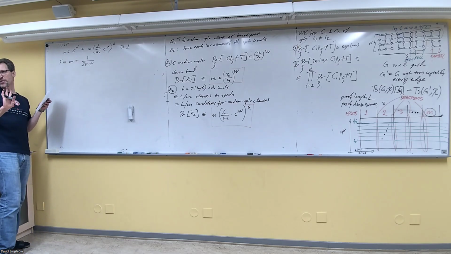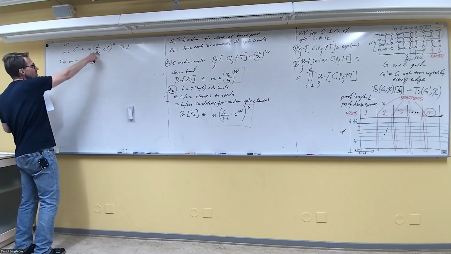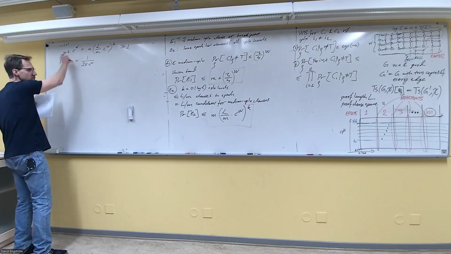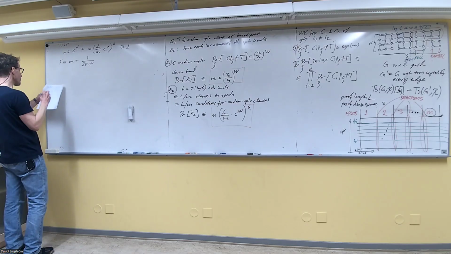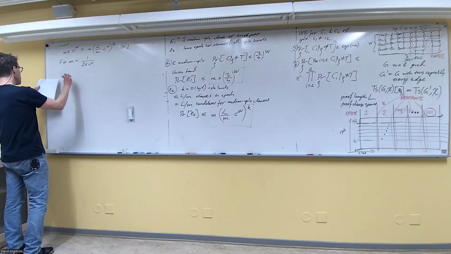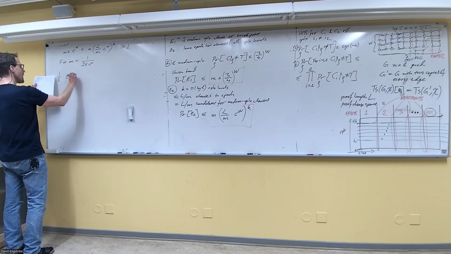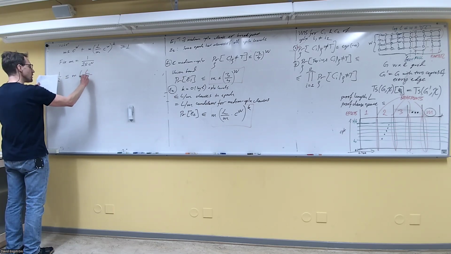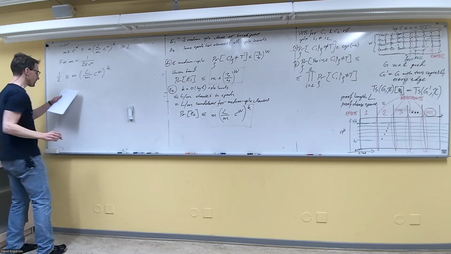I'm doing something pretty stupid, I'm just fixing this to a half. Well, I want these probabilities to be the same, so I'm not so stupid maybe. So I'm fixing this to a half, and now we get that 1/2 is at most M times L over M times C to the W raised to the power of K.